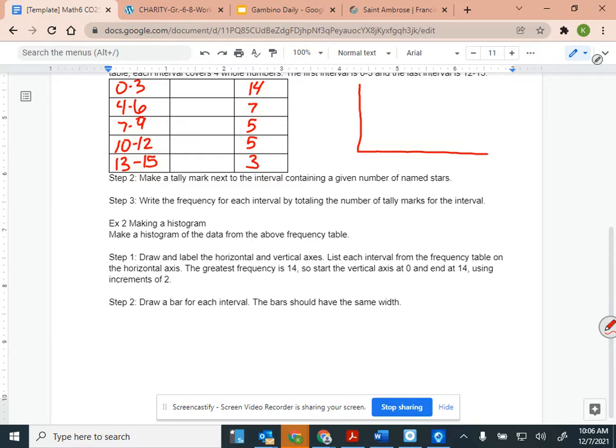So we're going to do our intervals are going to be on the bottom. So this would be named stars.